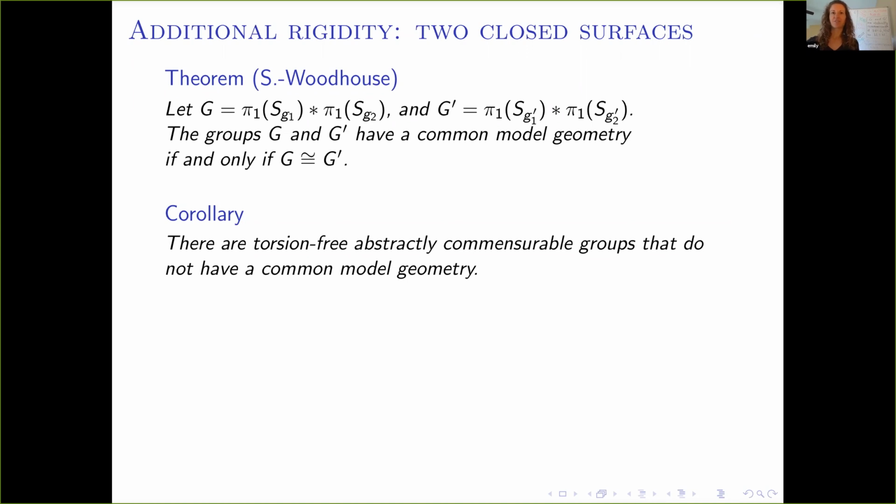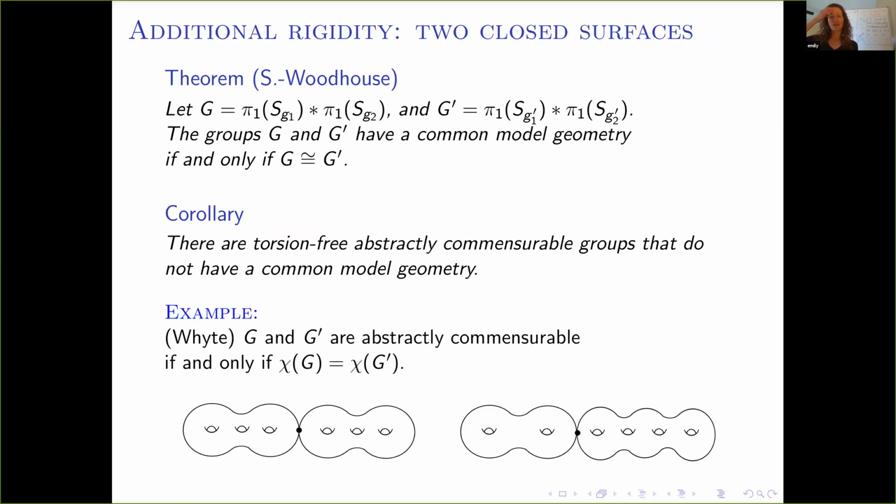And I should say that our first theorem is an example of a class of groups where the converse to Milnor-Schwarz fails in a very big way. It doesn't disappear in passing through finite index groups. Okay, so to give an example of the corollary, if you have 2 free products of surface groups, then White proved that those groups are abstractly commensurable if and only if the groups have the same Euler characteristic.